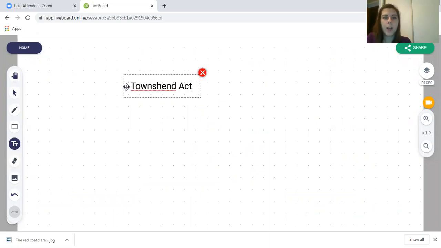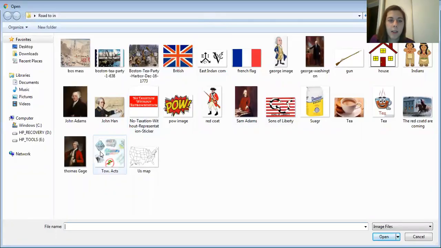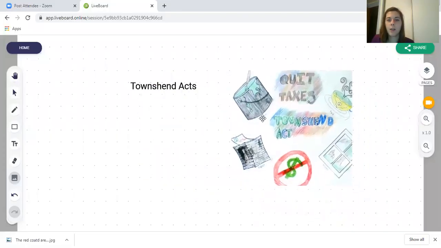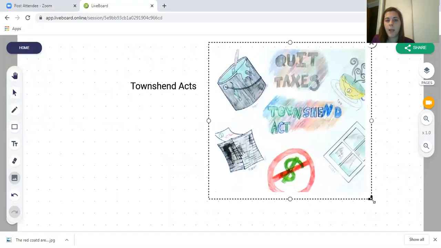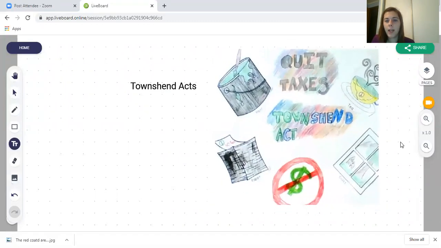This is called the Townshend Acts. The Townshend Acts are a various amount of taxes that are proposed on items such as paint, paper, glass, and tea. This infuriates the colonists.